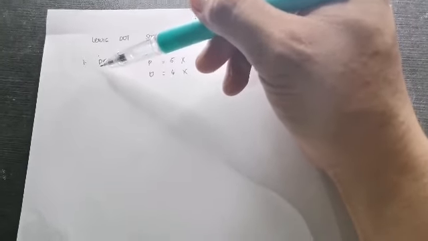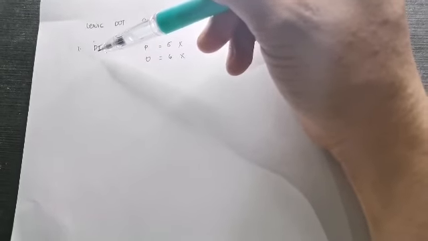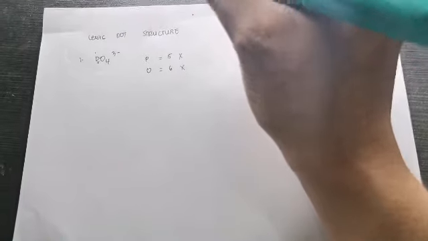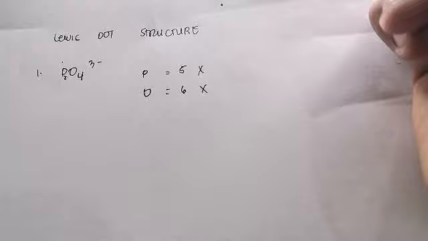So here, for the phosphorus, you have only 1, because of the invisible 1. So you have P, 1, O4, 3 negative. So you are going to put here 1. Next is for oxygen. For oxygen, you have 4.